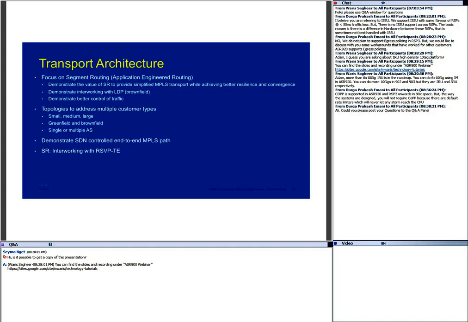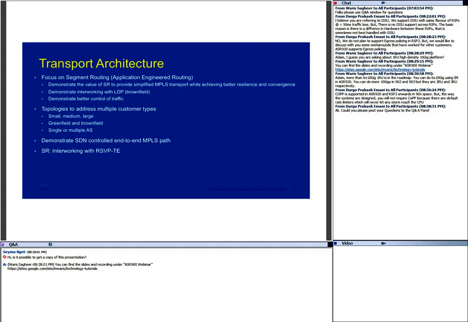And also, it gives you the flexibility to have a controller which has a topology or a network-wide view, and which is able to configure and route the packets or switch the packets across explicit paths, right? You don't need RFC 3107 anymore when you have a controller and the source routing capability of segment routing. So all these things help service providers to simplify their network in terms of operations, in terms of configurations, in terms of troubleshooting, right?